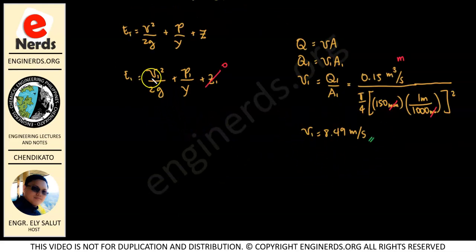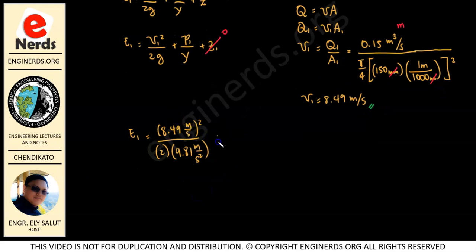So now we can substitute that dito sa ating equation. Ano? So our E1 is equal to our V1 squared, which is 8.49 meters per second squared, over 2 times the acceleration due to gravity, which is 9.81 meters per second squared.